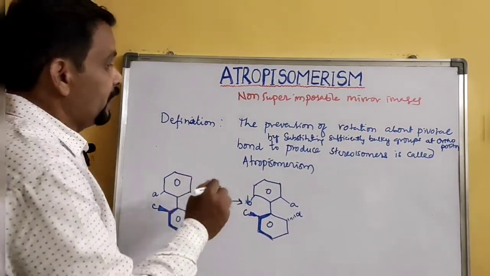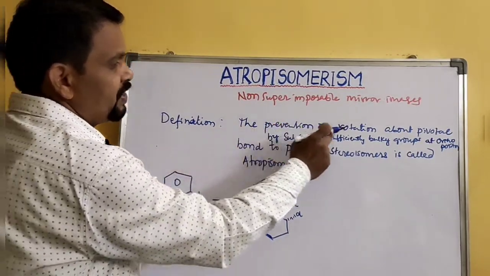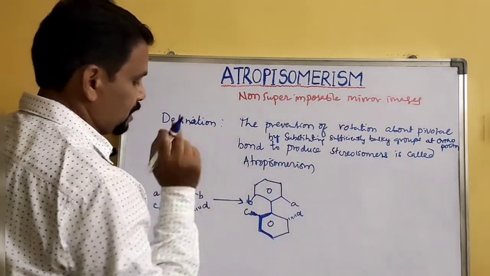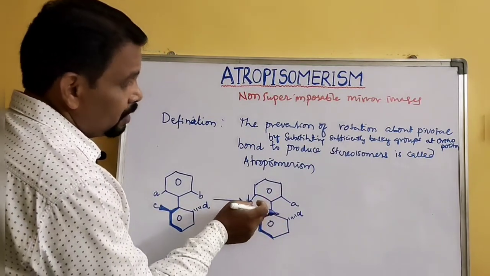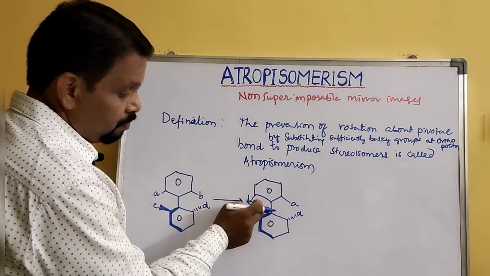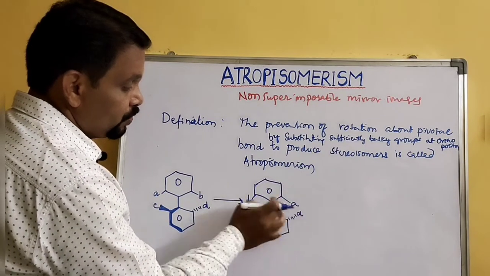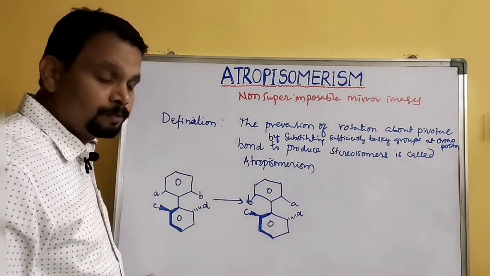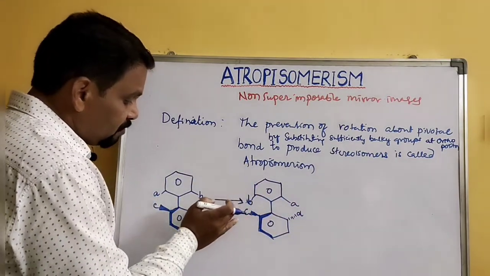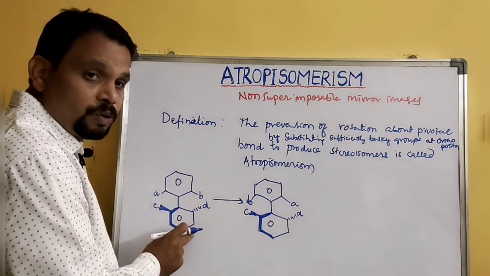Look at the definition once again. The prevention of rotation about a pivotal bond. We are restricting rotation about this pivotal bond by substituting sufficiently bulky groups. So this will not convert back to this isomer.